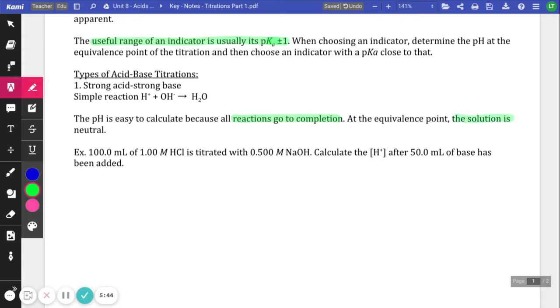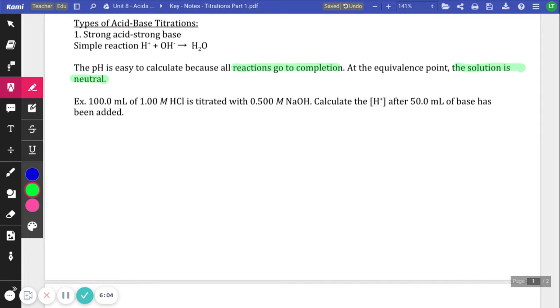If we reach our equivalence point, our solution should be neutral. Like I said, with a weak acid and a strong base, or a strong acid and a weak base, at our equivalence point we're going to be slightly acidic or slightly basic. So let's jump in and see what we've got.